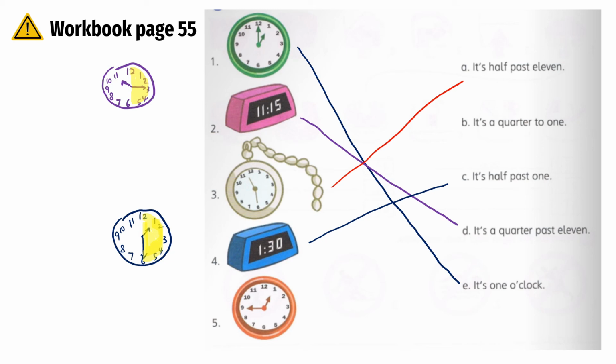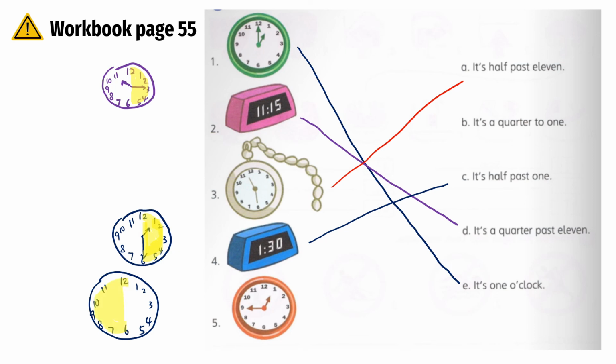Very good. And the last one, number 5, we have the long hand pointing to 9 and the short hand almost reaching 1. So when we see the formula of a clock, if it is on the other side of the half past, we will use the word quarter to.